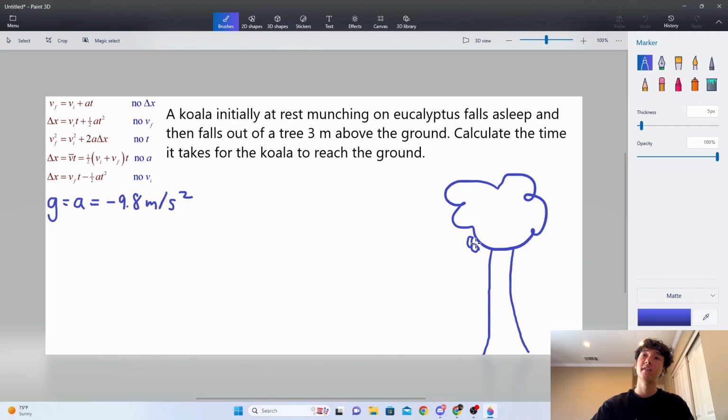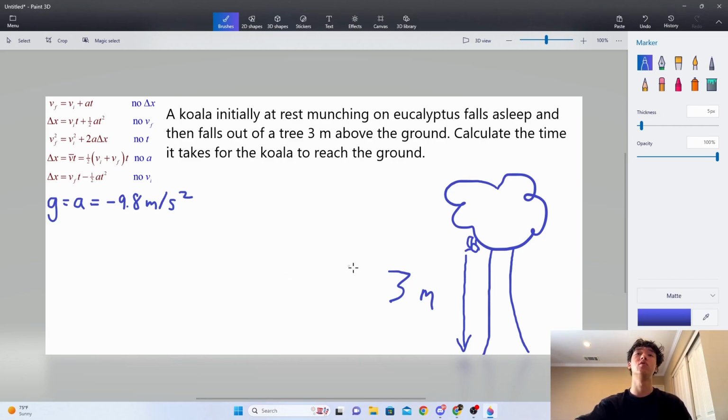And this guy fell out of the tree, and he falls all the way to the ground, which is a distance of 3 meters, okay? So we're going to calculate the time it takes for the koala to reach the ground.